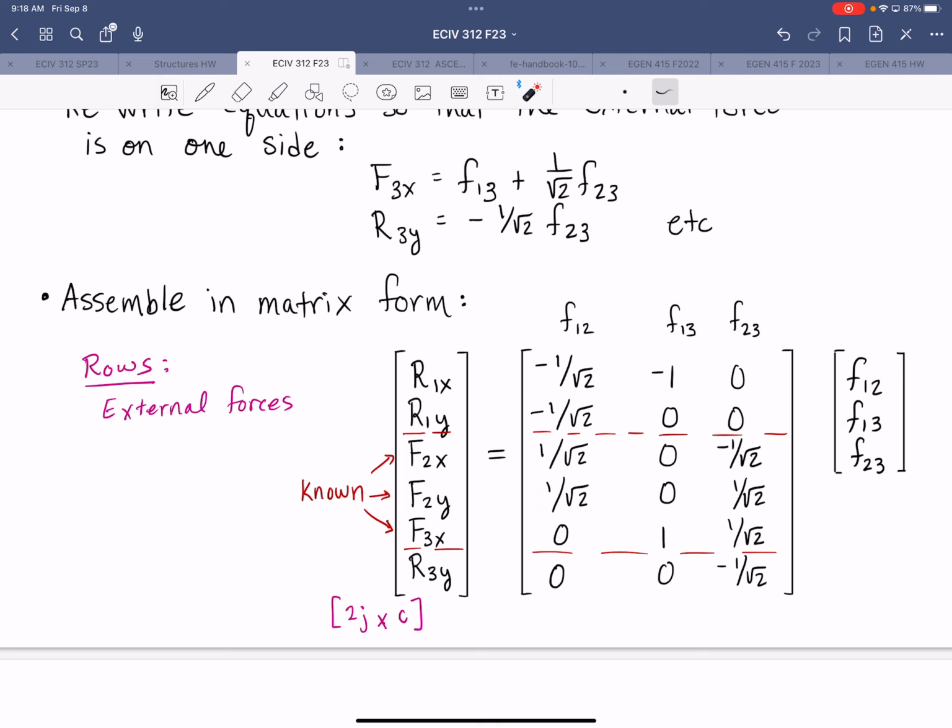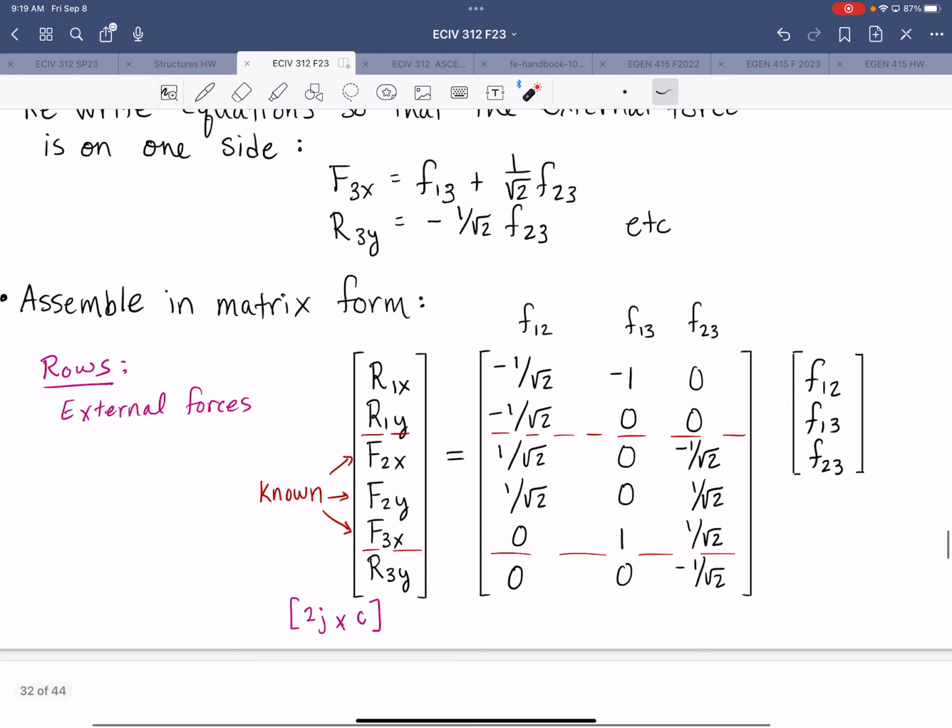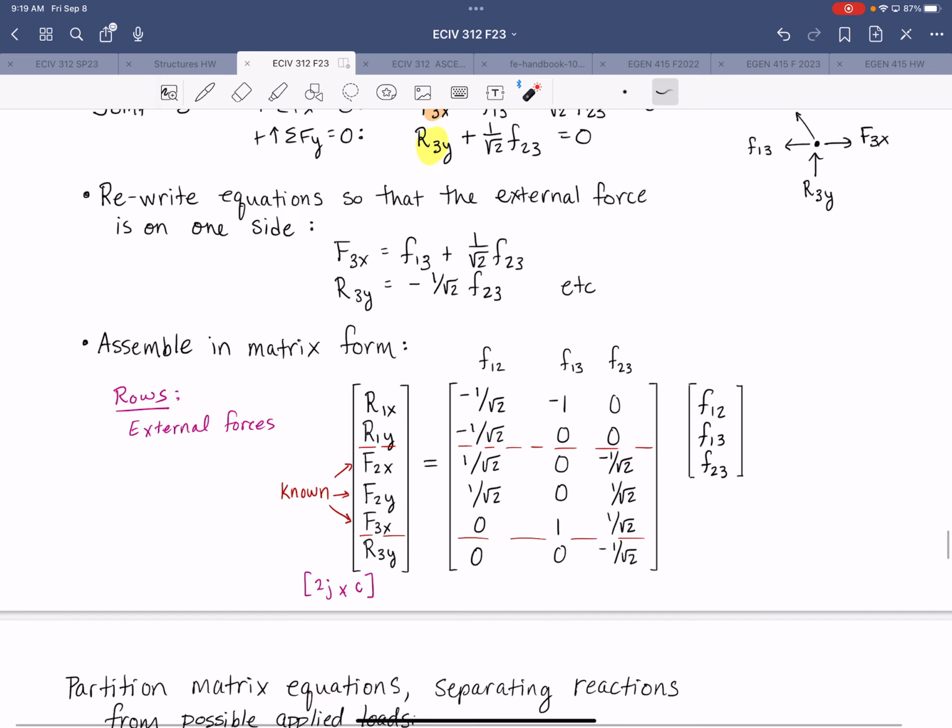As you can see, these external forces are a combination of known values, which are the external applied forces, and unknown values, which are the reactions. Now the columns in our coefficient matrix, it's not square now, but let's call it that, the coefficient matrix is representing the geometry of the truss.